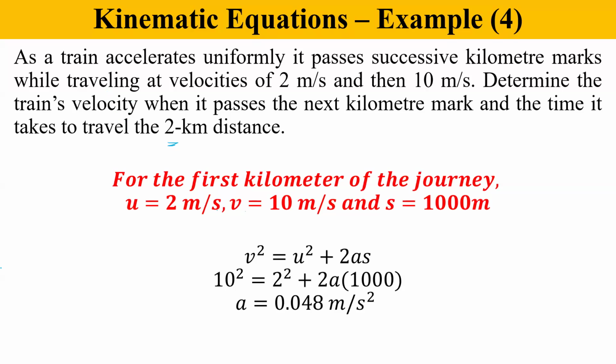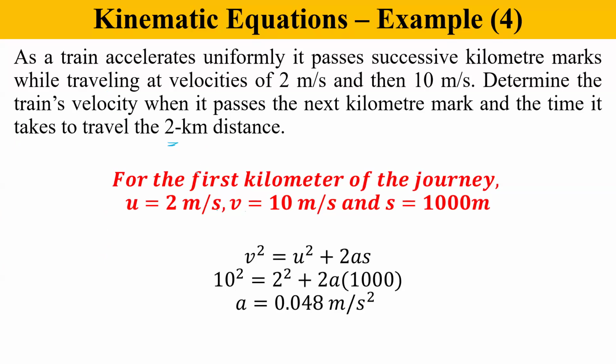The fact that you have your velocity and you have your distance, right? Because remember it says successive, so there's an initial point where the velocity is just 2 meters per second, that is 0. When it reaches 10 meters per second, that's another kilometer, so that you will do the conversion.